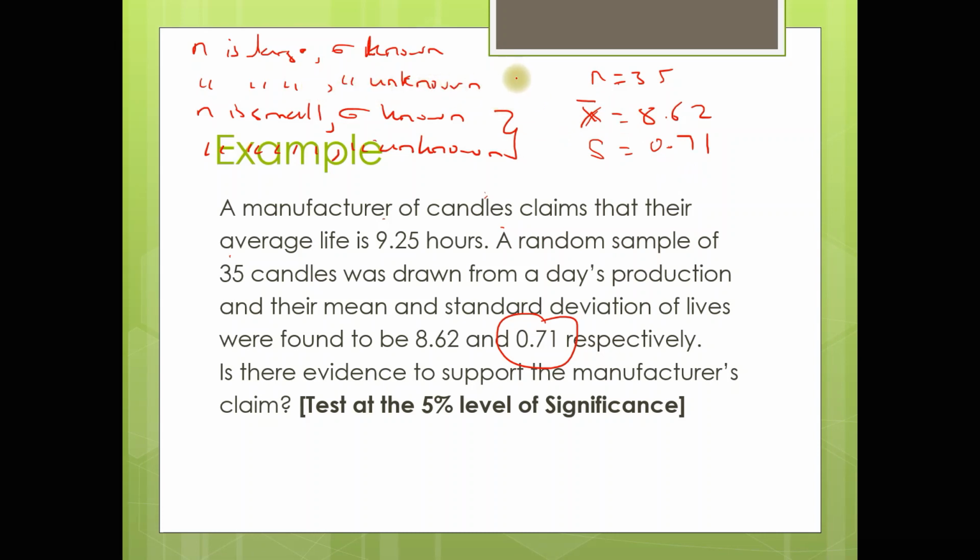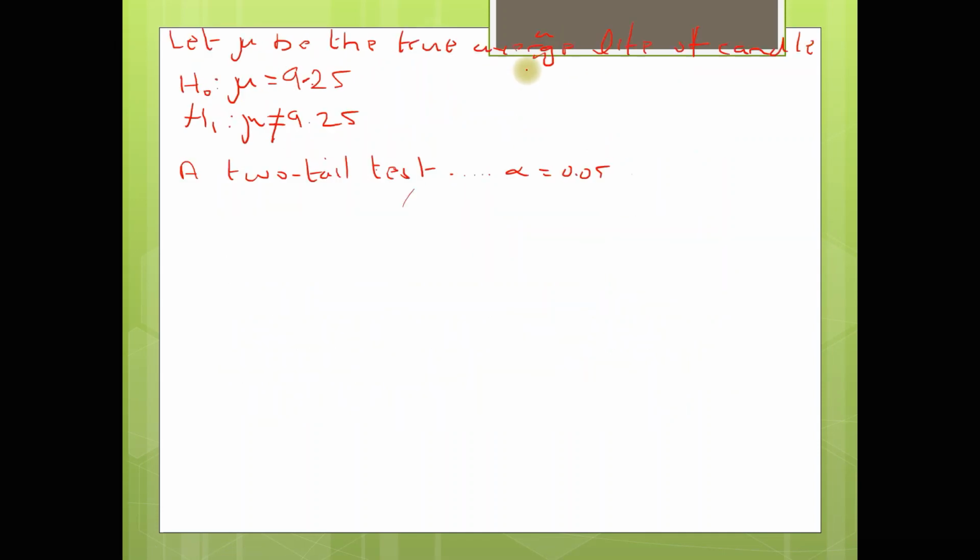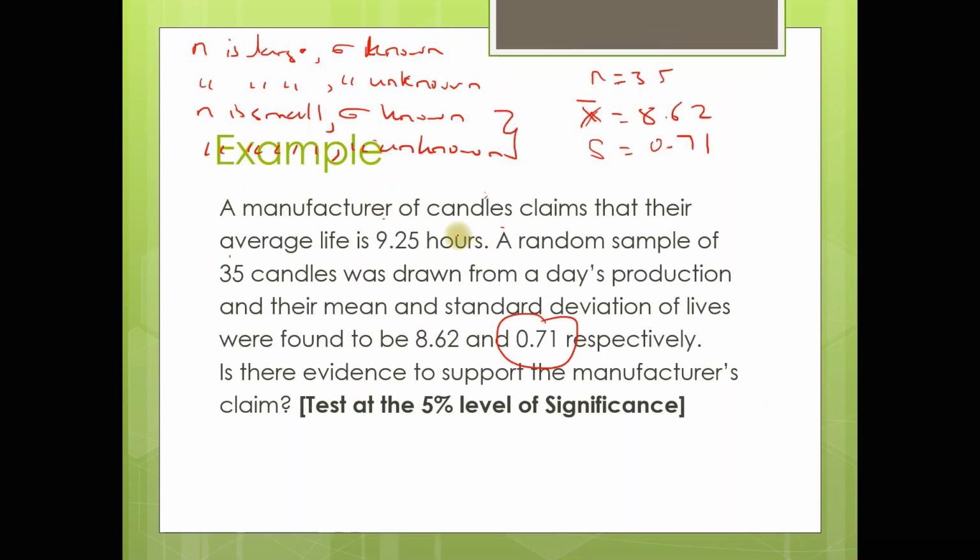Now, if sigma is unknown, we are dealing with this case. There is no specific assumption in terms of normality of population to state. You should not write that kind of assumption. However, one of the assumptions that goes everywhere is the assumption of a random sample.